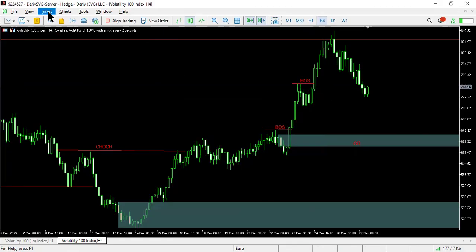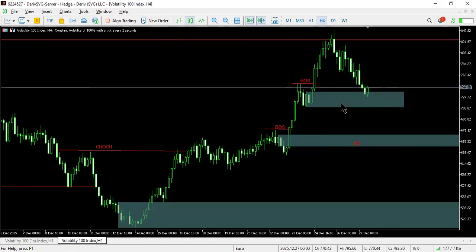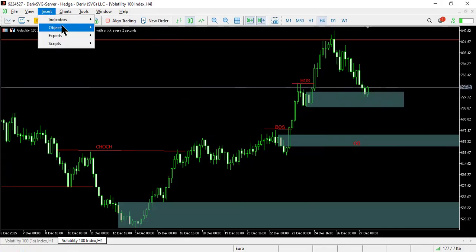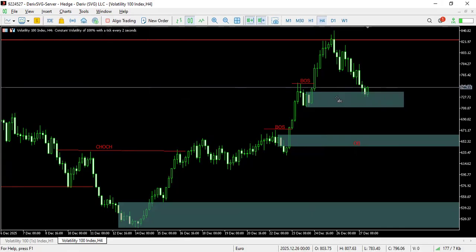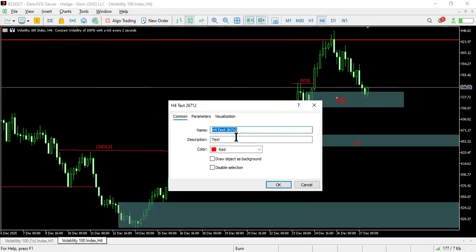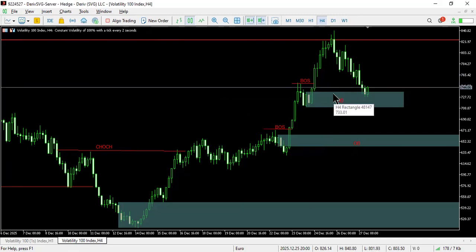We have a break of structure and the other block which caused that break of structure, that is where price is currently reacting. So it looks like price is at this order block.